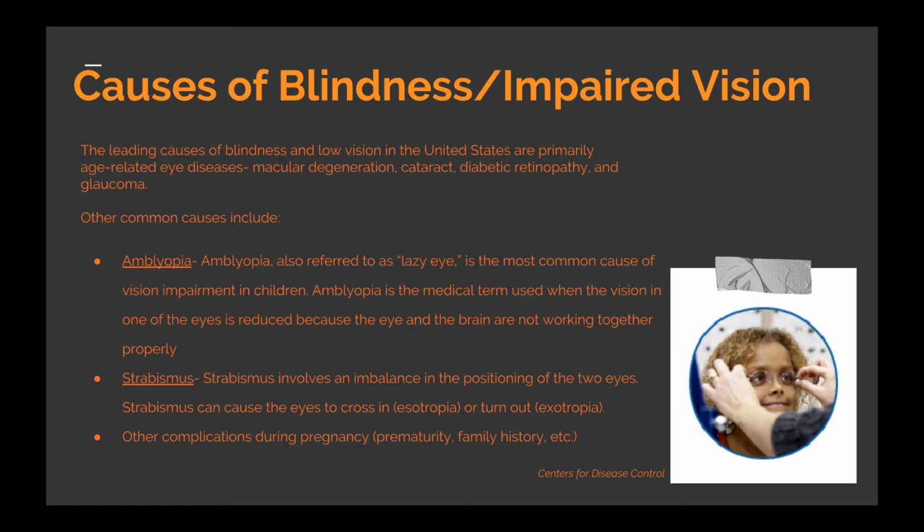It is the medical term used when the vision of the eyes is reduced because the eye and the brain are not working together. Strabismus involves an imbalance in the positioning of the two eyes and can cause the eyes to cross in or turn out. There are multiple other complications that arise during pregnancy, from premature birth, family history, etc.